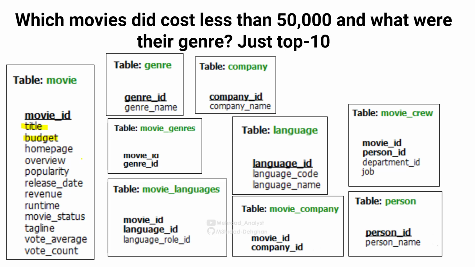As well as this, we want to use data from genre, this table, the genre name. But for capturing data from genre, we need to have a join first with the movie genre bridge table, the movie ID and the genre ID. So these three tables are used for answering this question, and let's see how we can answer.